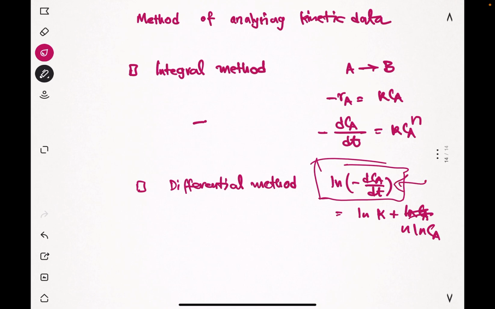This eventually leads to more error in our fitting, and it's possible that we end up with the wrong order or specific reaction rate. So definitely the differential method involves less work, but we have to make sure that the experimental data we'll be using for this method are accurate. Otherwise, we may end up with wrong results.